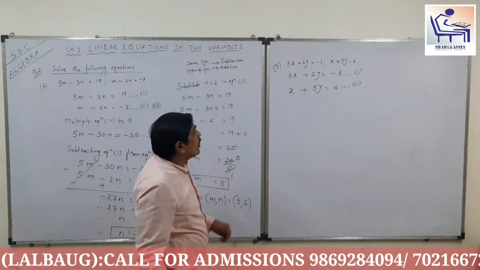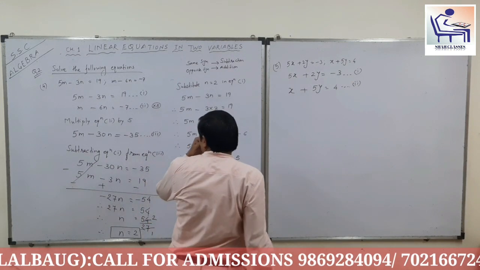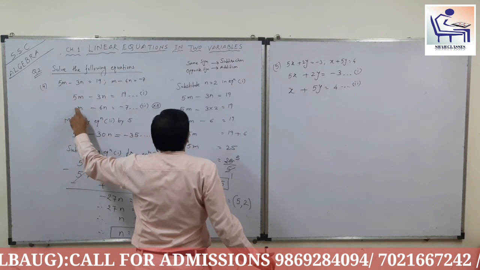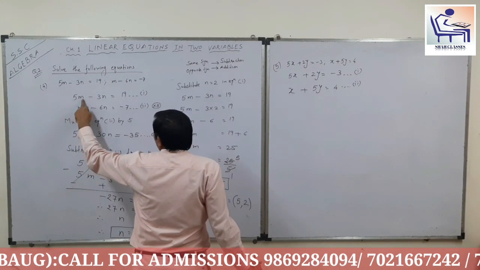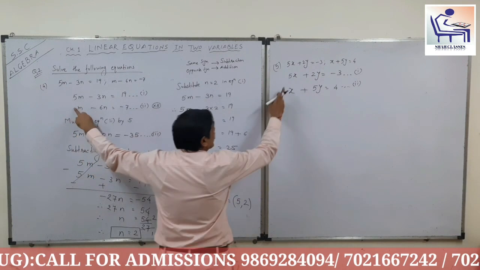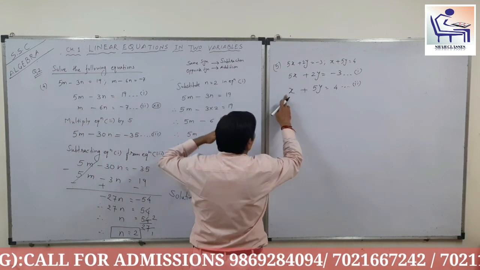Now here we have to once again decide, as in the same sum you have seen, there is a variable with coefficient 5 and the coefficient 1 over here. The same way we have to go further.